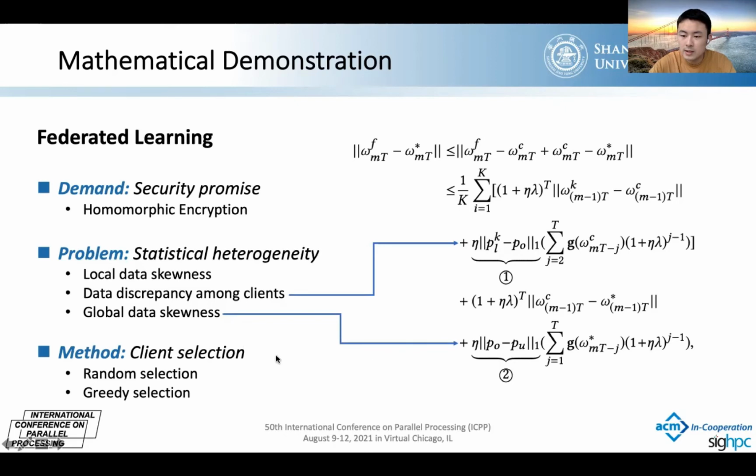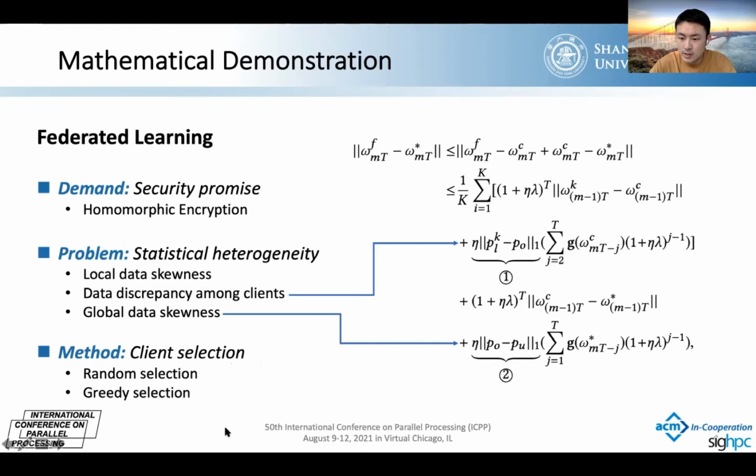The baseline client selection method is the random selection method, which means selecting the clients randomly in each round. The optimal client selection method is the greedy selection method, which means that the clients are selected one by one to minimize the gap between PO and PU.